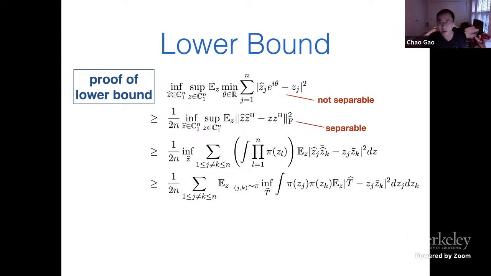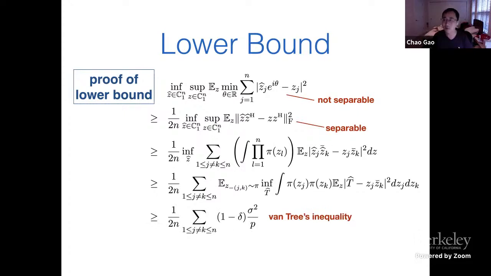And for each pair, we can apply the well-known Van Trees inequality to work out the optimal Bayes risk. Add everything up. This is the result of the lower bound. Okay, and that's how you can prove lower bounds not just for phase synchronization, but for general synchronization problems.